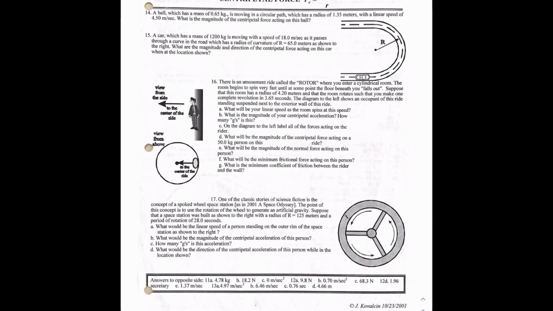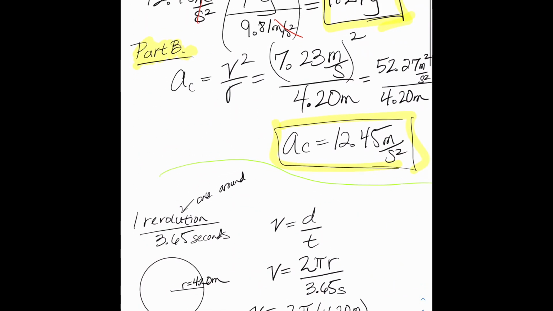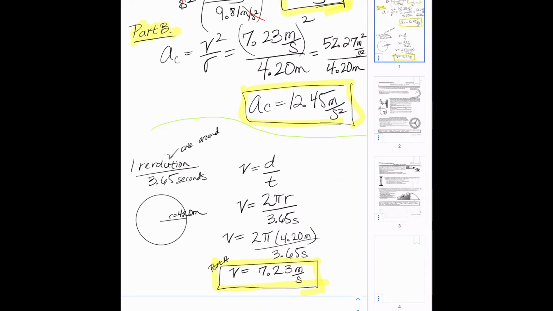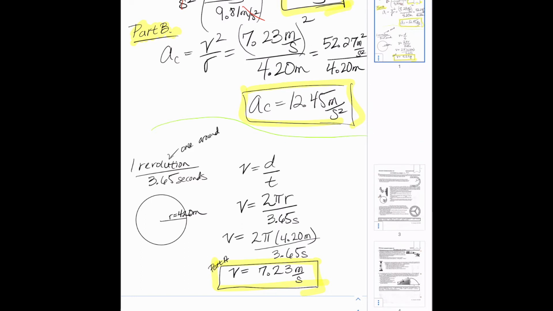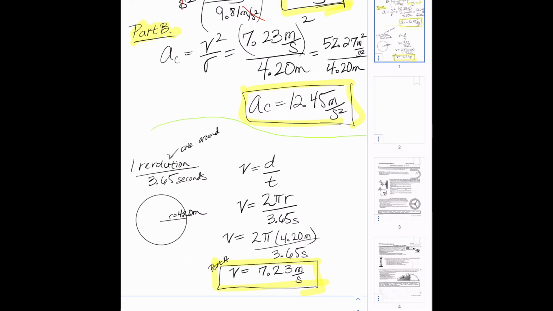Part C, on the diagram to the left, label all the forces acting on the rider. All right, so we're going to redraw this, but we'll make it look like the one on the left. So let me add a page here. All right, that works.